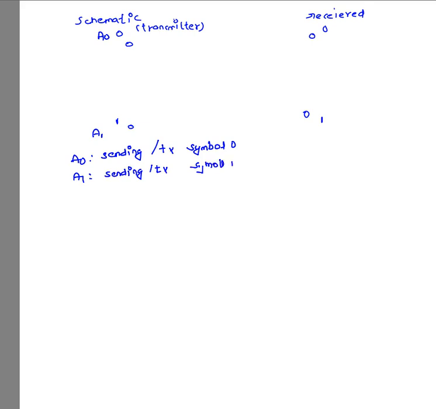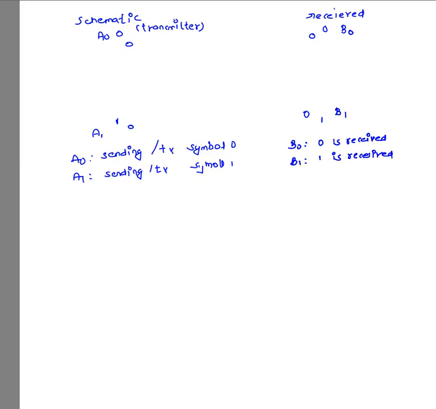Now on the receiver side, let us again give two events, B0 and B1. B0 indicates the event where 0 is received, and B1 indicates the event where 1 is received. Now we have defined these 4 events.